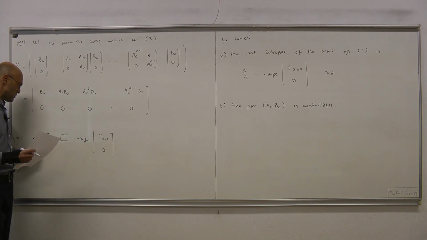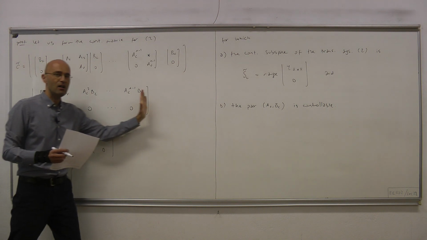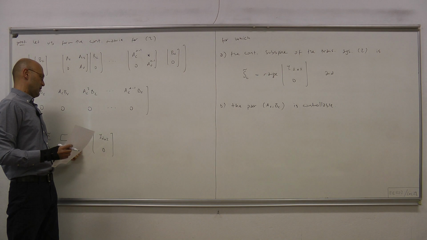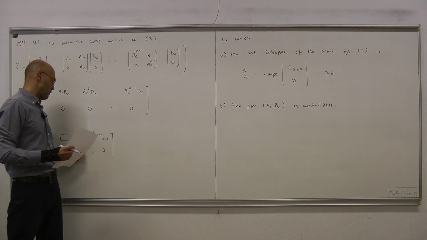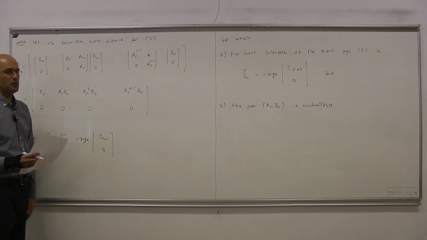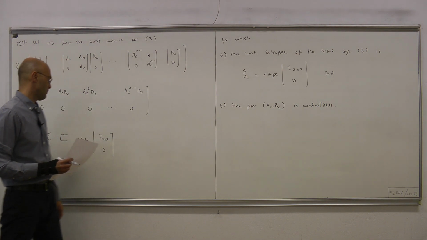Hence, the range space of C tilde, the subspace spanned by the columns of the controllable matrix, must necessarily be a subset of the range space of this matrix, where we have the identity here and the remaining rows are 0.